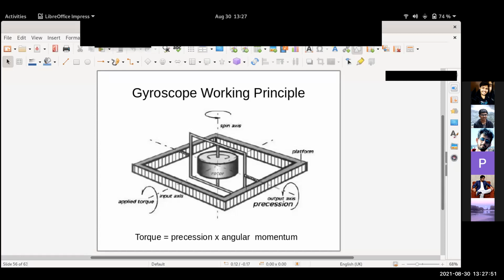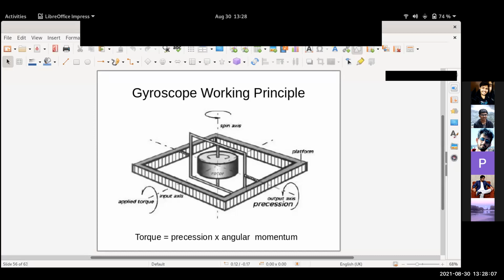Correct, there is a spinning wheel that has to be spun constantly. That's a good question. How do you spin this, because everything else is moving? How do you pass the wires through the spinning system?